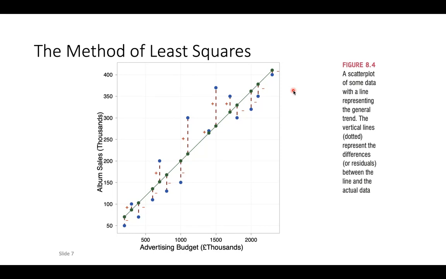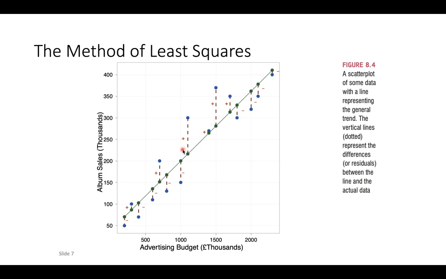It's our model of the relationship between advertising budget and album sales. It's using our previous data to say, if we had to come up with a way to predict this relationship in the future, what is our best prediction? And that's the slope of this green line.